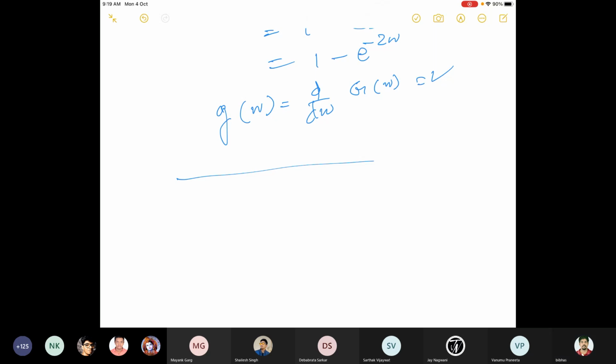Before that, we introduce the concept of the product moment. For a single random variable, we talked about moments. Here we'll introduce the idea of the product moment for a pair of random variables.